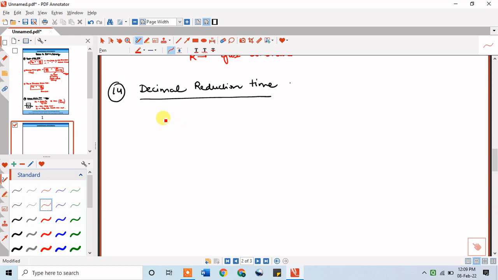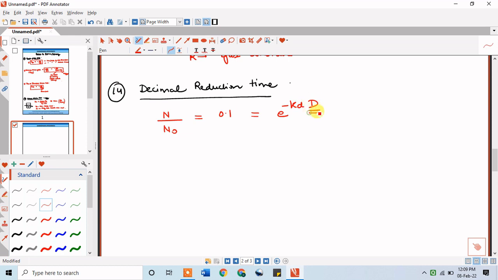Decimal reduction time simply means that the ratio of the final number of cells to the initial number of cells is equal to 0.1. That means it is the time required for killing 90% of the cells, with only 10% of the cells surviving. That is called the decimal reduction time, and N by N naught is equal to 0.1, which you can also write as e to the power minus kd into D.